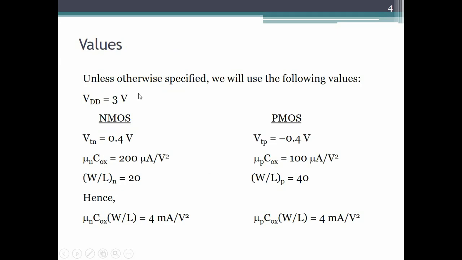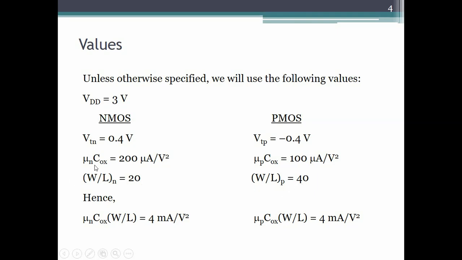Also, we'll use these numbers consistently so that we don't have to keep inventing new numbers. We'll use a threshold voltage of 0.4 volts for the NMOS, for the PMOS minus 0.4. Mu n Cox 200 microamp per volt squared, mu p Cox 100. We'll use W by L of the NMOS as 20, W by L of the PMOS as 40.